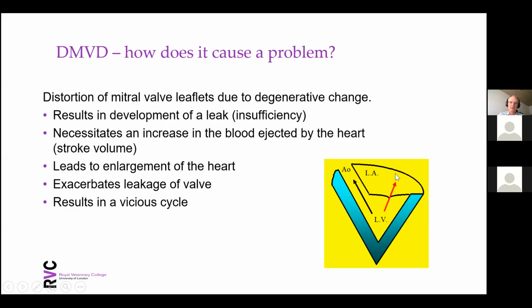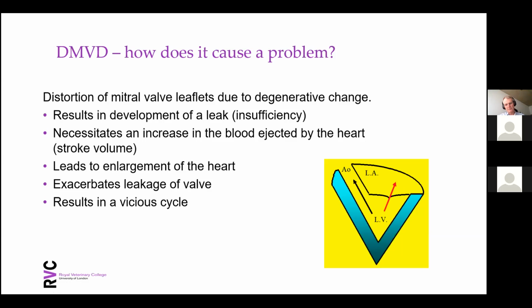And when this valve leaks, each time the heart contracts, not only is blood ejected out of the aorta as normal, but some of it's ejected back into the left atrium. And the way that the heart initially tries to cope with this is, as the leak gets worse, and therefore as more blood has to be pumped, the heart begins to get bigger.